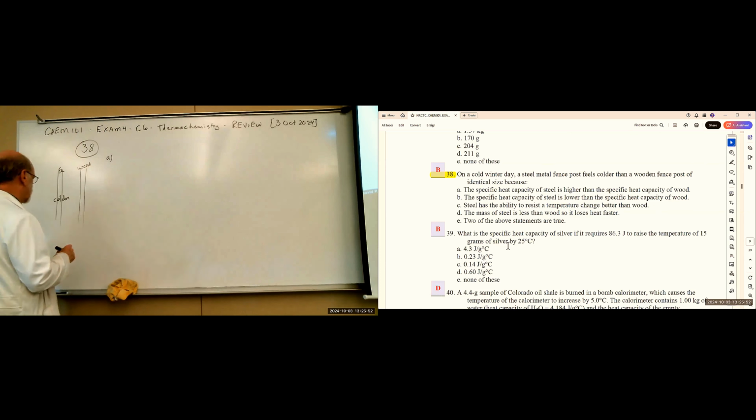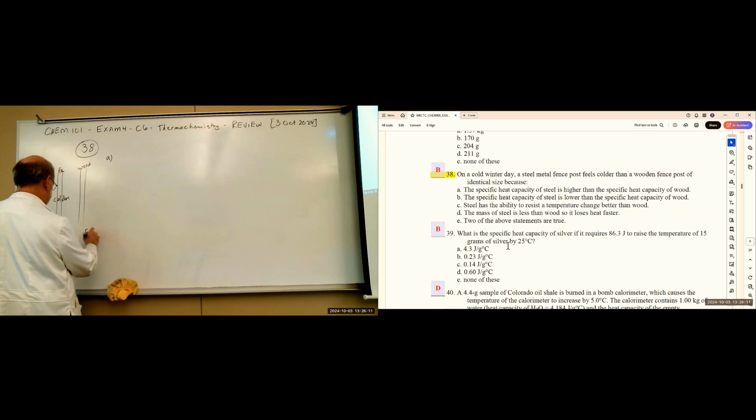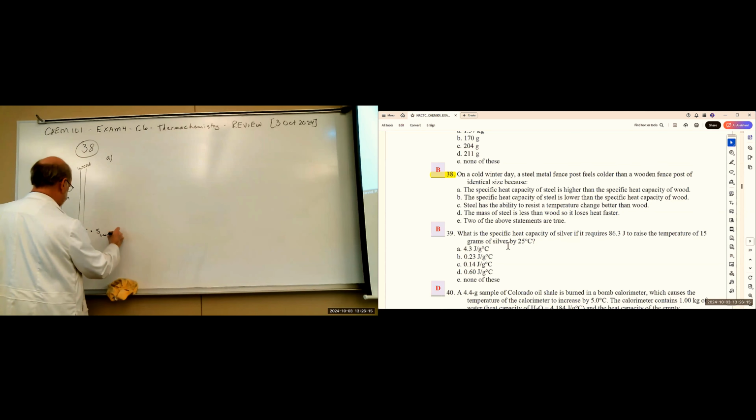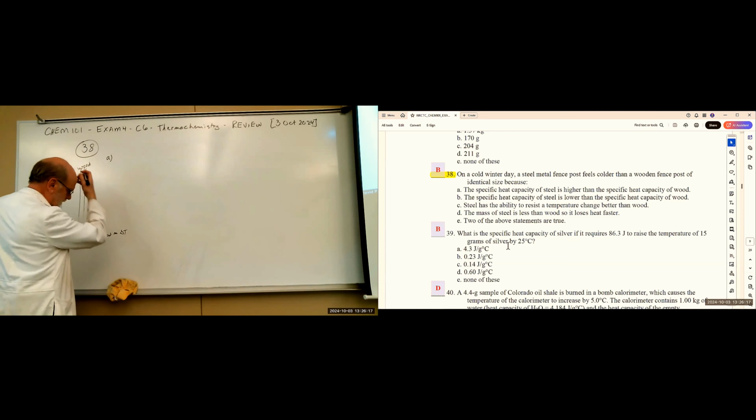Well, let's look at it this way. The amount of heat that's transferred is the specific heat of the pole times its mass times the change in temperature. The specific heat for this one is for wood times mass times change in temperature.